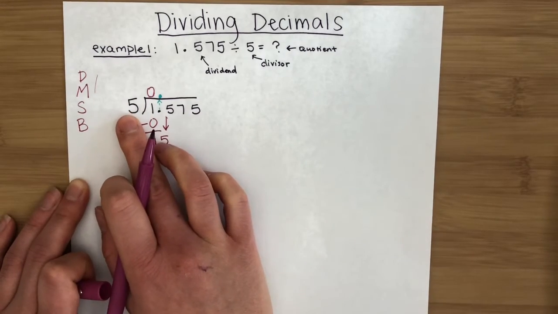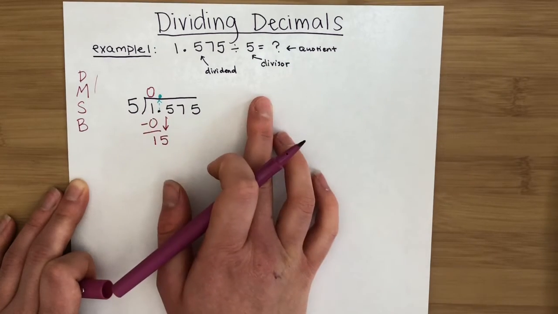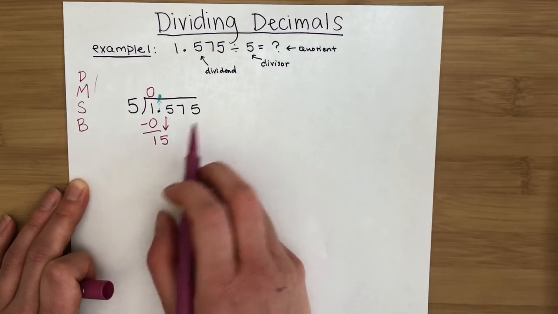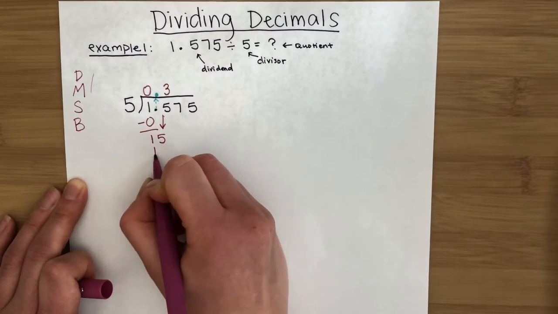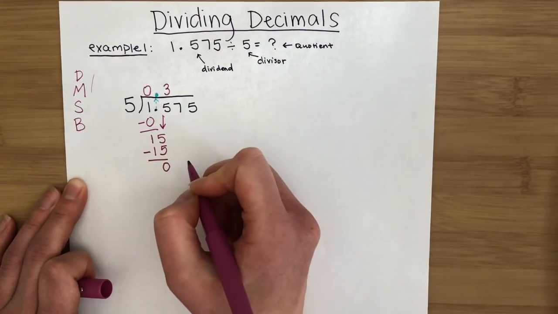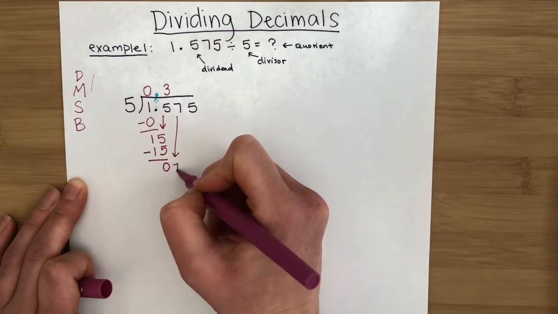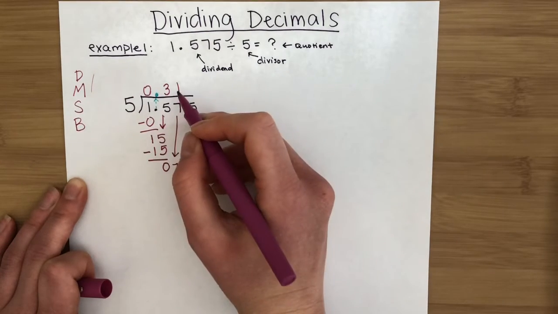So we're pretending that now we need to divide into 15, because I'm pretending that decimal is not even there. So I'm going to say to myself, how many times can 5 go into 15? That's 3 times. So I put my 3 up here. I do 5 times 3 is 15. I subtract. I get 0. Now I'm going to bring down the 7. 5 can go into 7 one time. 5 times 1 is 5.